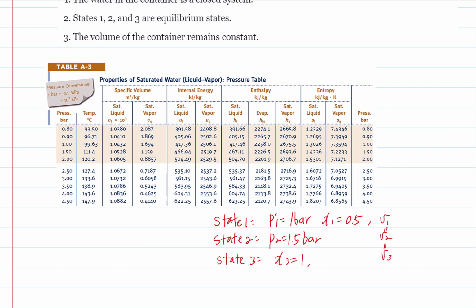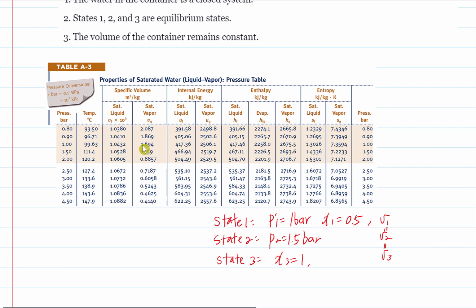First, let's determine the temperature at state 1 and 2. State 1 is in the saturated mixture. So we use table 8.3, properties of saturated water, and the first column shows the pressure. Since we know the pressure at state 1, we use this table. Pressure 1 bar and the quality is 0.5, and we know Vf and Vg.